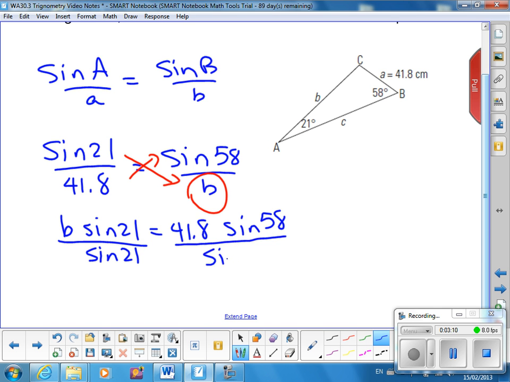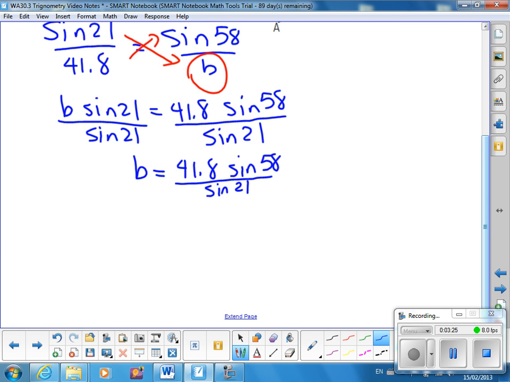Divide by sine 21, and b equals 41.8 sine 58 divided by sine 21. Now, the beautiful part about doing it this way is that we can just put this part into your calculator all at once, and it will calculate the answer.